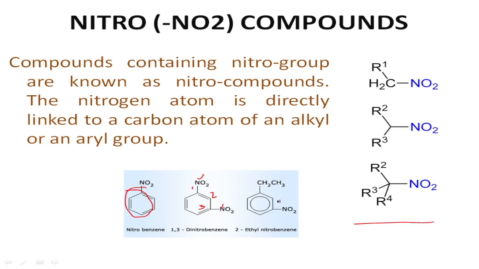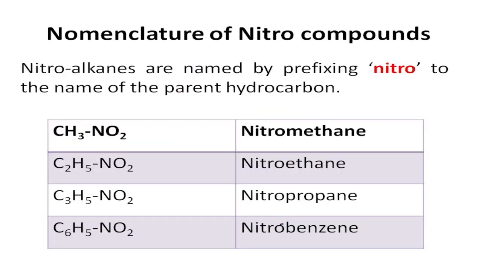Third one, an ethyl group and a nitro group as functional group. This becomes a substituent, CH3 CH2 is the ethyl group. So we have 2 ethyl nitrobenzene.